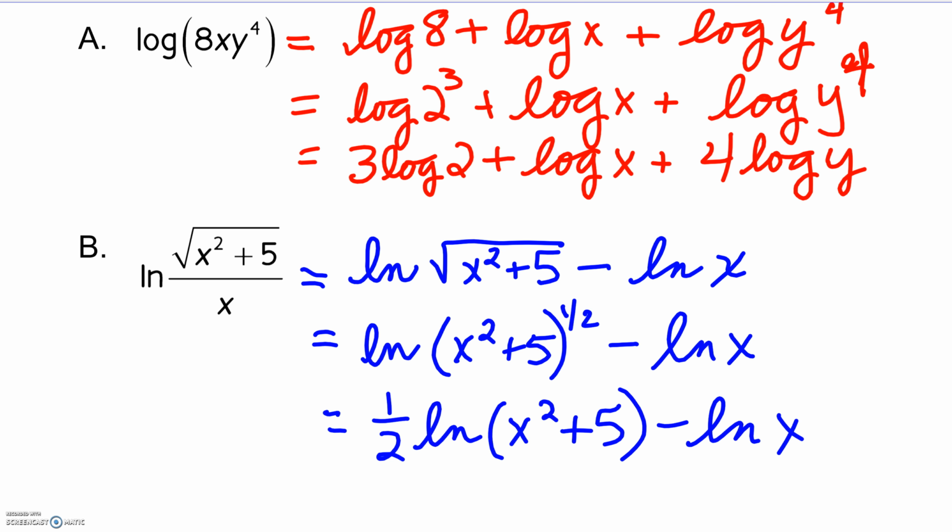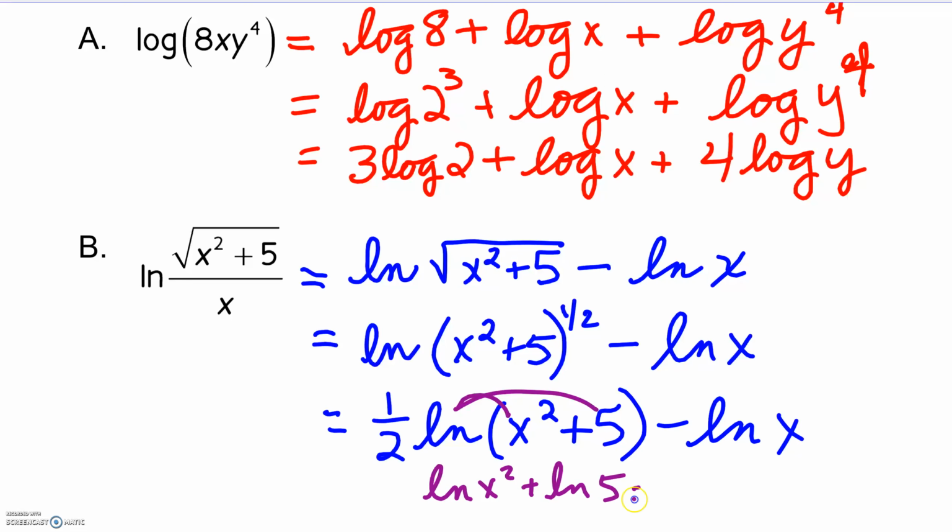Some common mistakes that sometimes people make here is they think they can distribute this natural log. You can't do that. If I distributed that, I would have natural log x squared plus natural log 5. However, this doesn't equal the natural log of x squared plus 5.